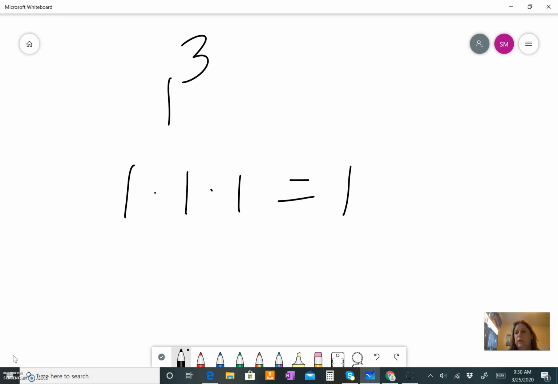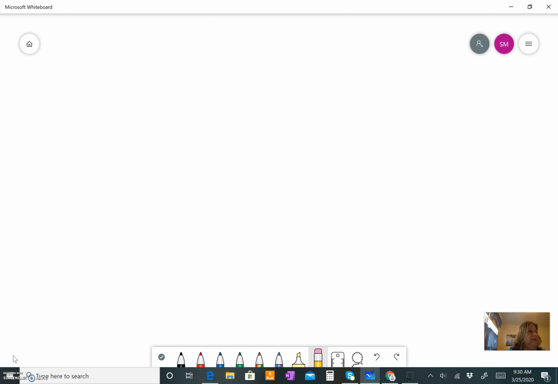Let's go over and look at the actual practice worksheet you have today. I'm going to do a couple of examples, and I'm going to use the eraser. You have some multiplying products at the top.